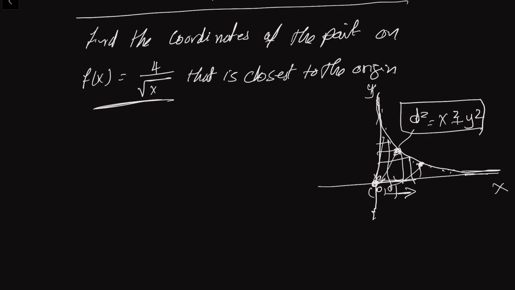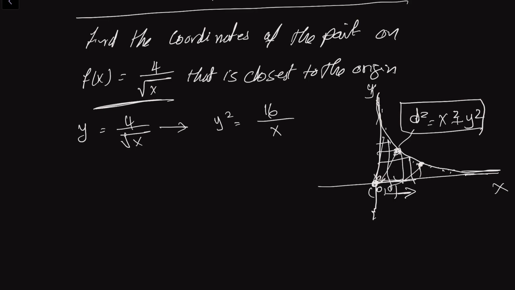So we have f of x, which is y equal 4 over the square root of x. Let's square both sides. So y squared is 16 over x.